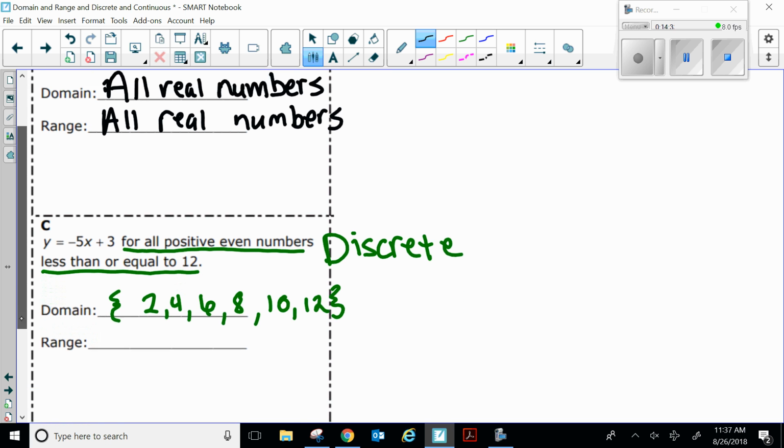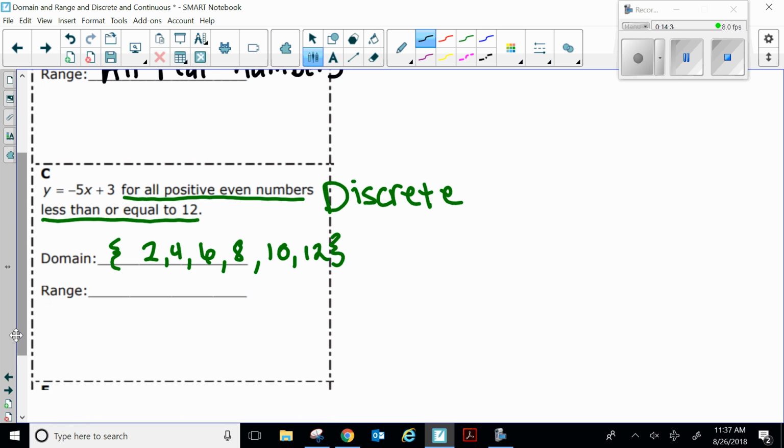And my last example, we already wrote the domain for. It's all positive even numbers less than or equal to 12: 2, 4, 6, 8, 10, and 12. Now that's my x value, so I have to solve for my y value. So I have negative 5 times 2, if my x value is 2, plus 3. This is going to give me my y value. So negative 10 plus 3 is negative 7. And then I'll do it again.